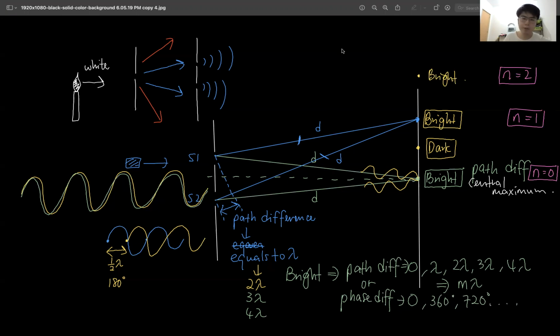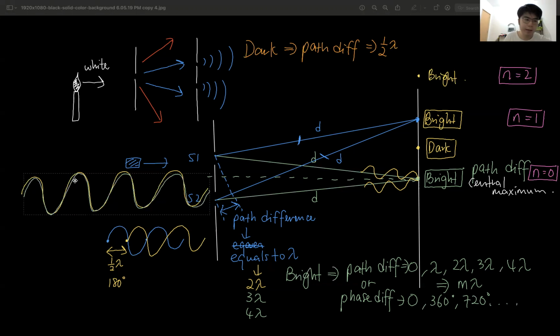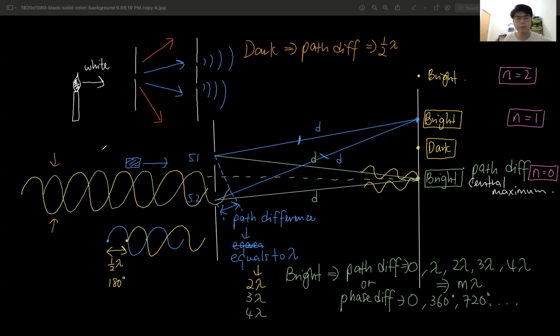What about the dark fringe? For the dark fringe to form, let's talk about the path differences. The path difference needs to be half a wavelength, right? That is when this one is lagging like this, then you have the crest meet with the trough.